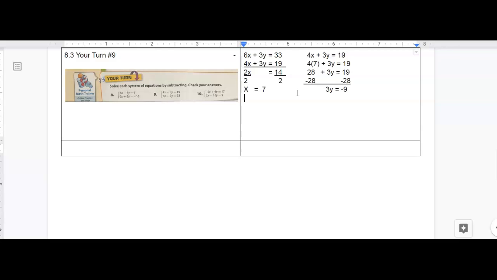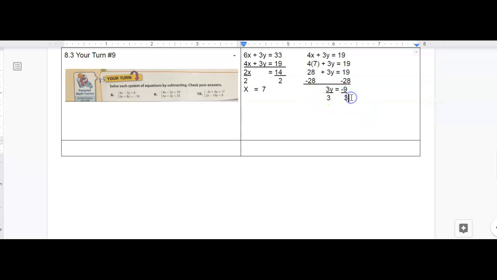So now the y is being multiplied by 3. The inverse of multiplication is division. So I'm going to divide both sides by 3. And remember, to show the division is like the fraction bar. We divide both sides.